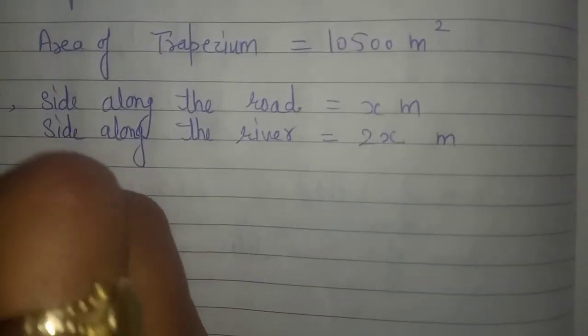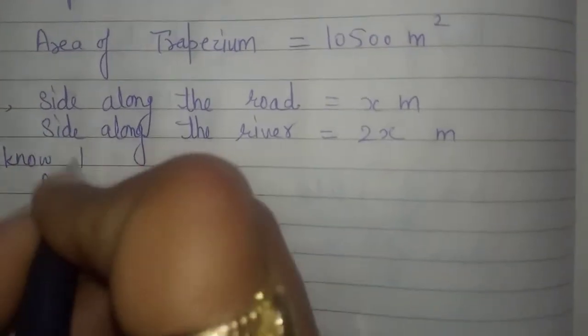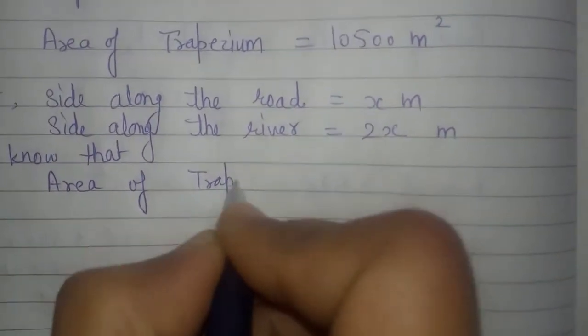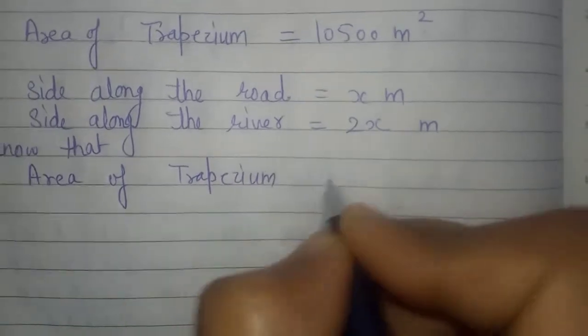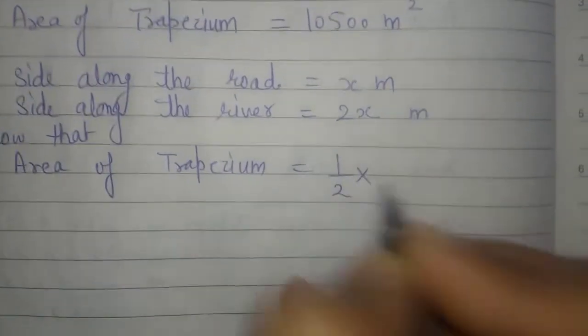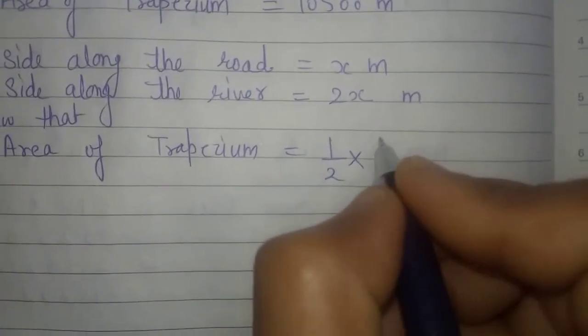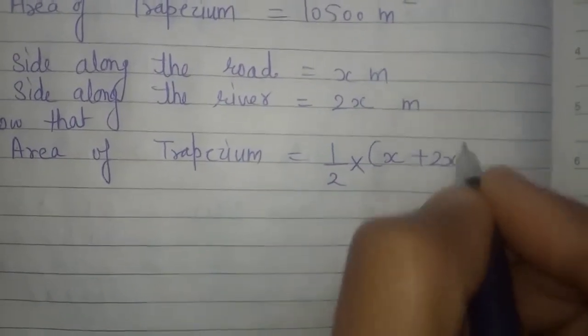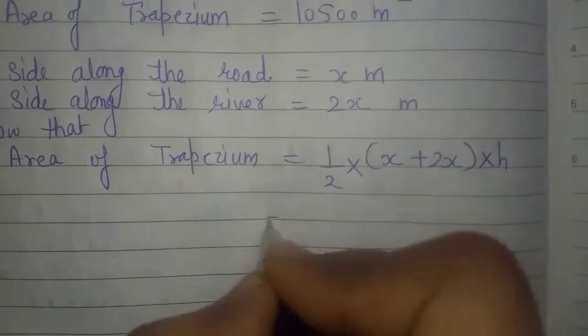We know that area of trapezium is equal to half into this x plus 2x multiplied by h.